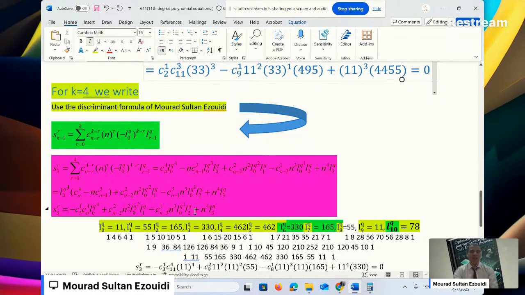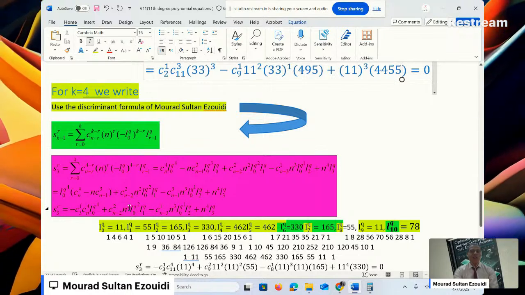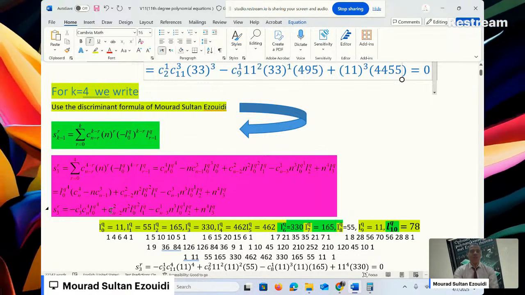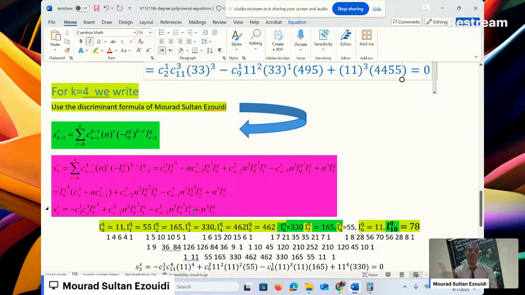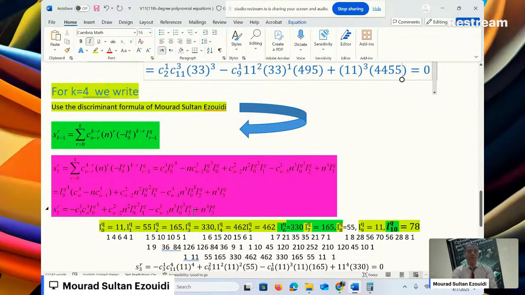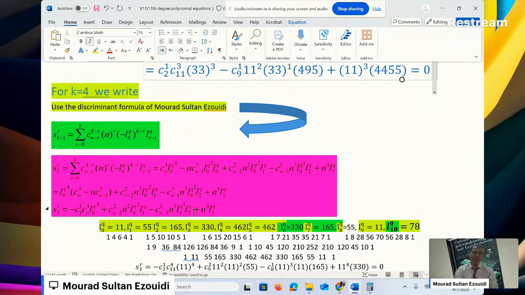This formula is a general formula to find the fourth coefficient of your new equation that has a relationship between the original and the new equation.